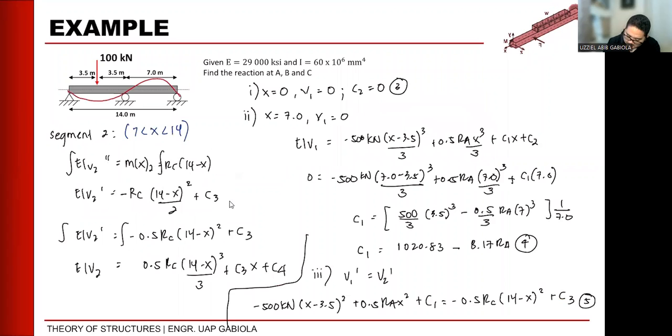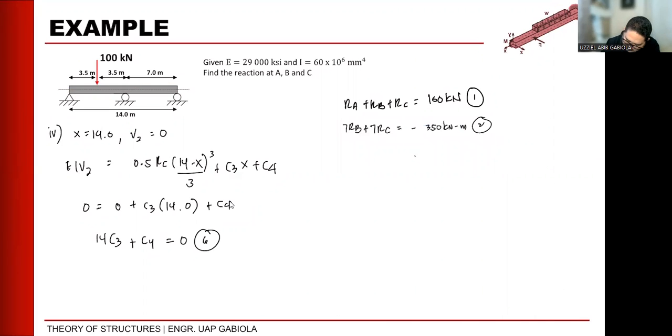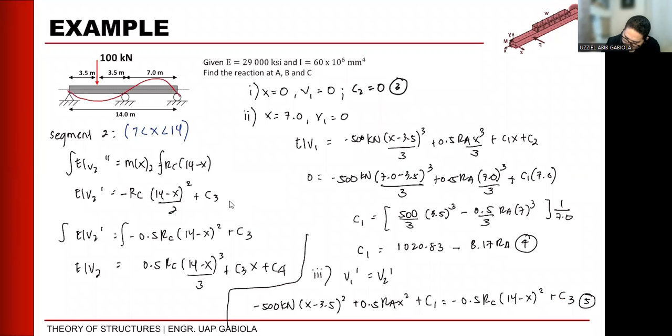Okay. Kunin natin si third one. Si fourth one, kunin natin.